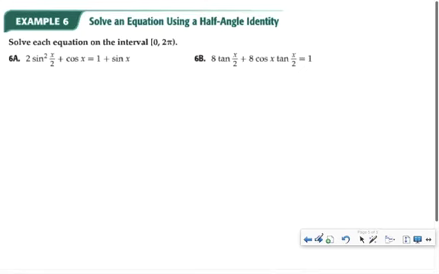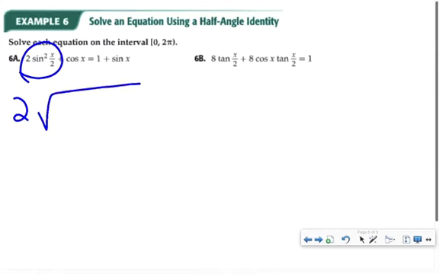In example 6, once again, just like how in a previous example we were using the double angle identity to solve an equation, now we're using the half angle identity to solve an equation. So, I'm going to rewrite this using my half angle identity that I have off the reference sheet.